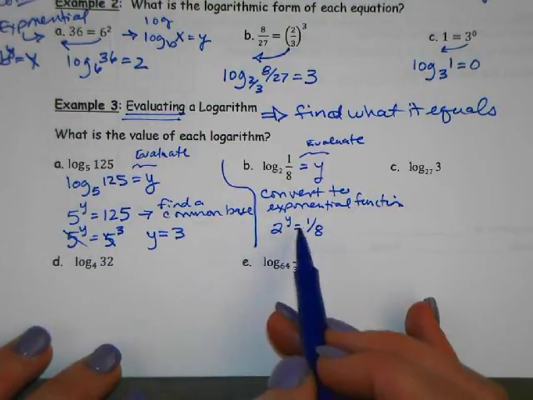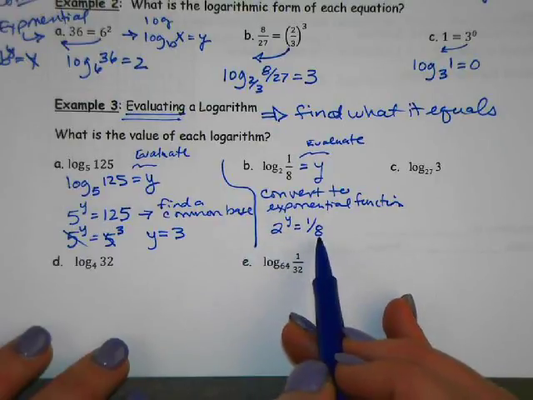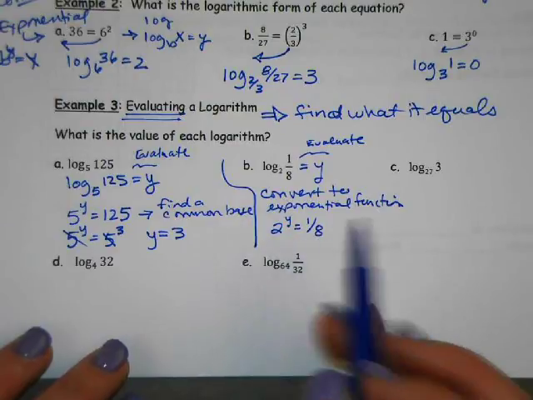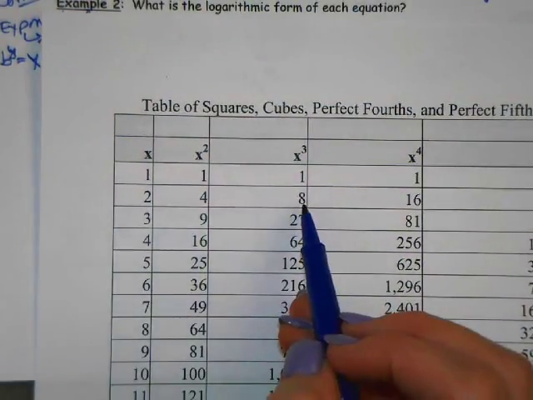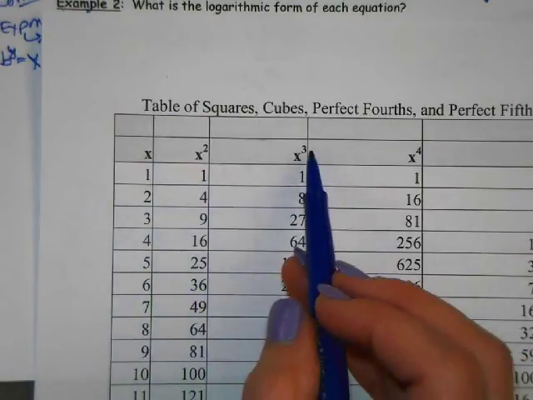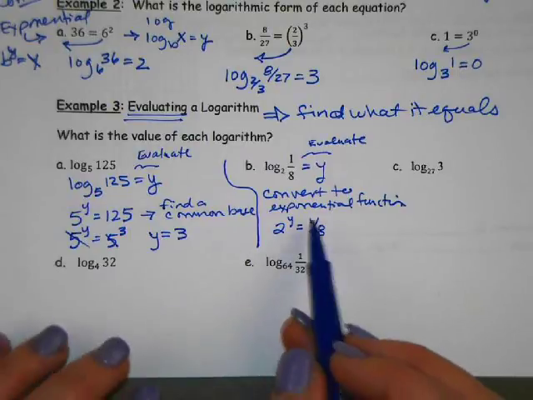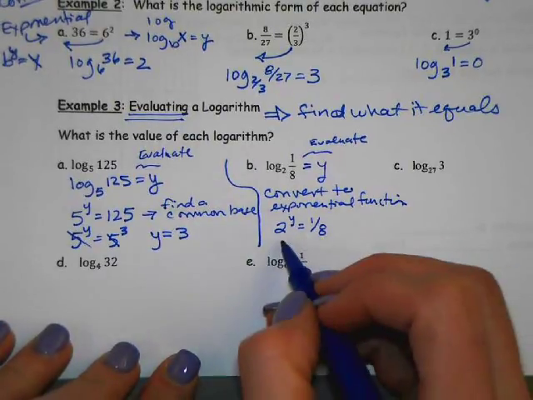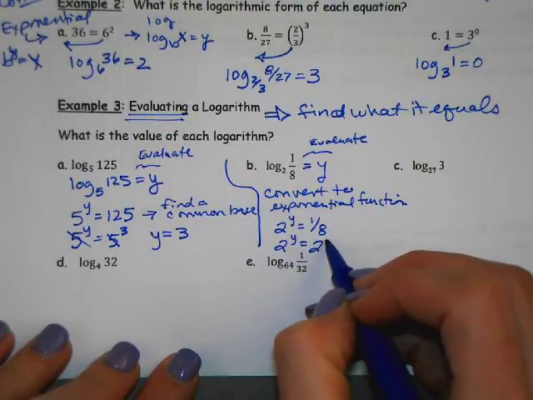At this point, I need to solve for y. Well, I can't solve for y because I don't have the same base, so I need to make 1/8 the same base. Okay, so if I look on my 2 line, I go over and I see 8, so 2 cubed would give me an 8, right? So I could rewrite 1/8 as, so it's 2^y equals 2 to the negative 3.